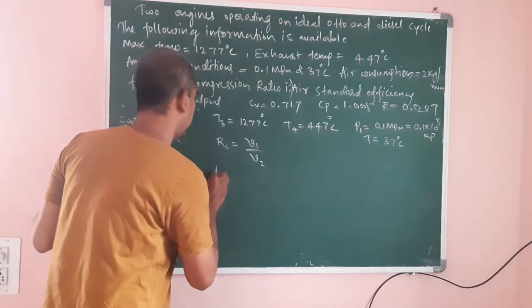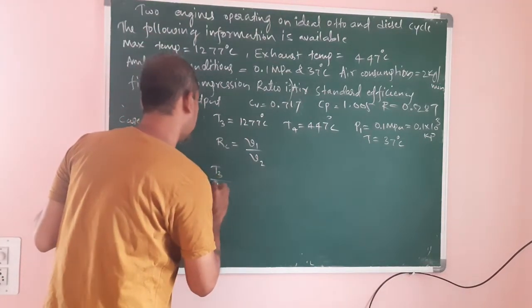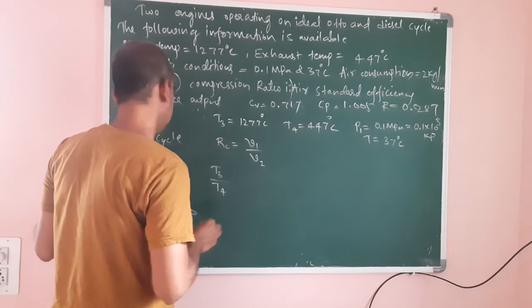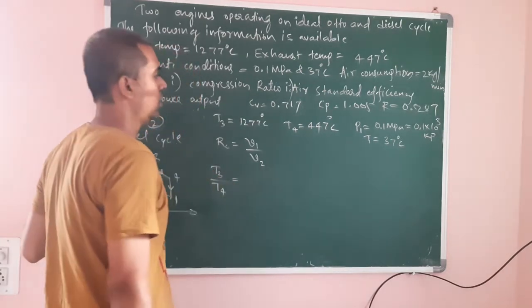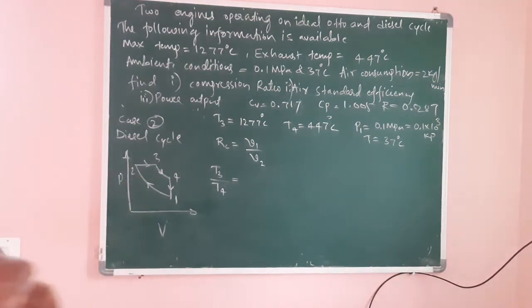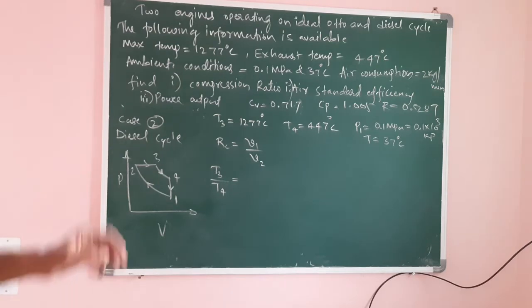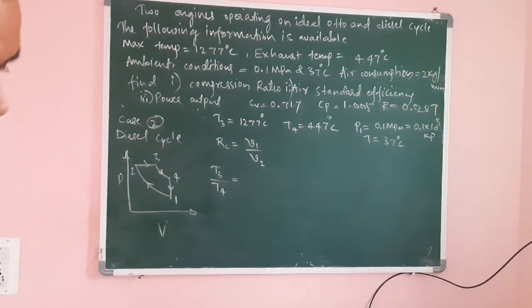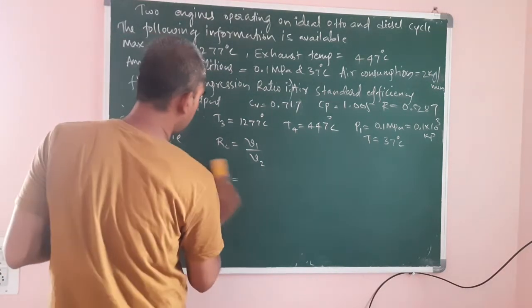We know T3 by T4 is equal to... T4 by T3 is equal to (V3 by V4) raised to gamma minus 1. Or I will write T4 by T3.